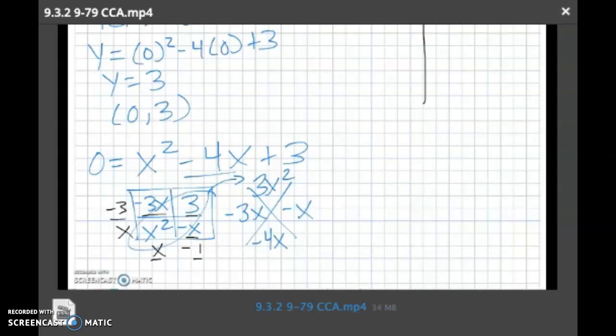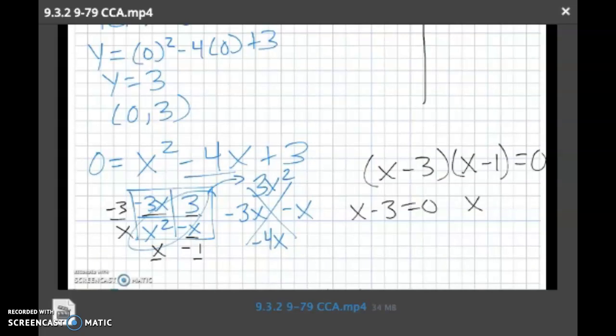All right, so now we've got our factors: x minus 3 times x minus 1, set equal to 0. We can use the zero product property and solve for x to find our x-intercepts.